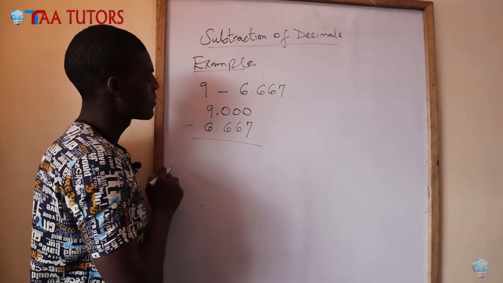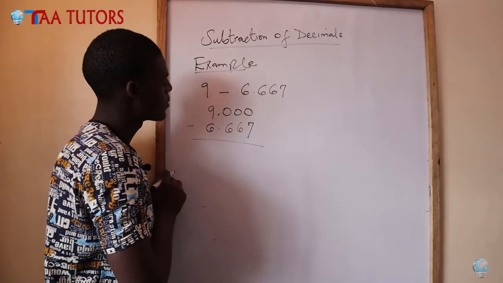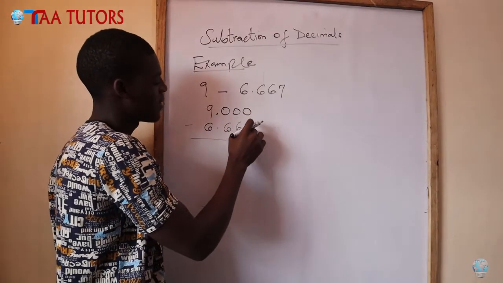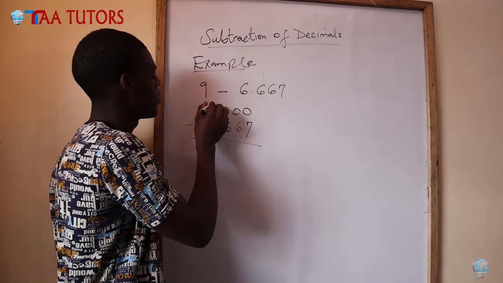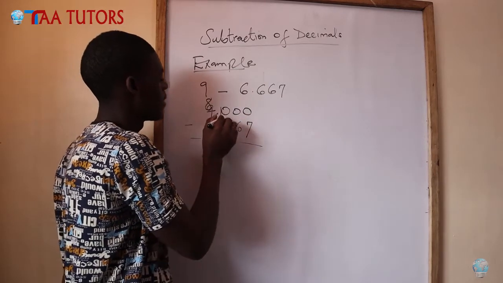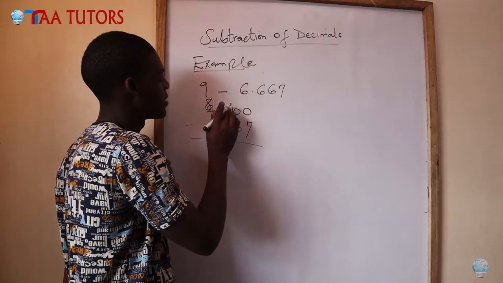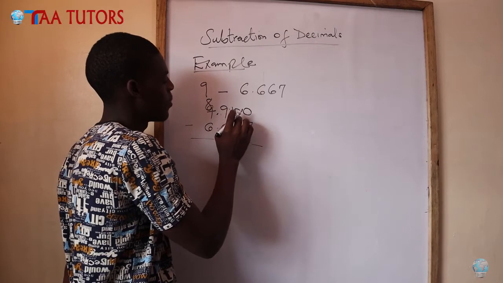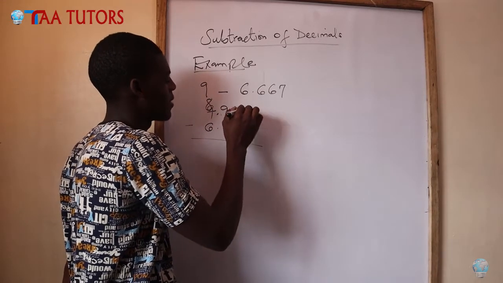Now in this one, we will do what we call borrowing, because 0 minus 7, if we don't want to write a negative, won't be possible. So we will borrow 1 from there. Then that one will be 10. We borrow another one so that this one reduces to 9. Here is 10. We borrow again so that we have 9. And lastly there we have 10.